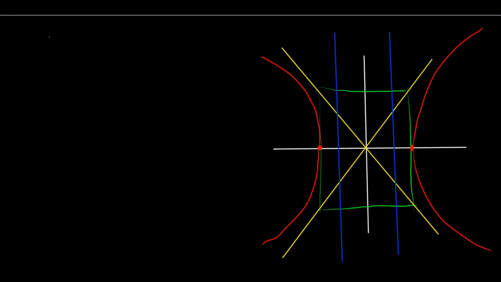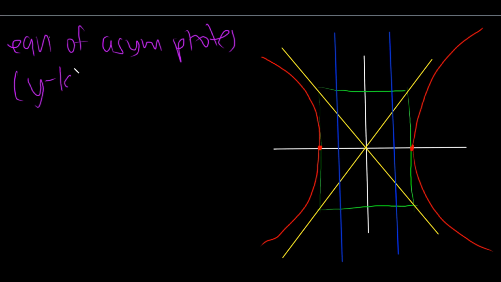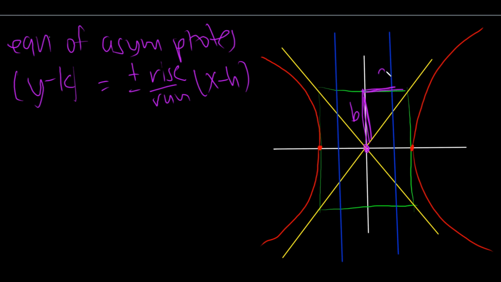In the hyperbola, another thing to remember is the equation of your asymptotes. These are the yellow lines. The equation of the asymptotes is always y minus k is equal to plus minus rise over run times x minus h. So, in this hyperbola, from the center, your rise is distance b, then your run is a.